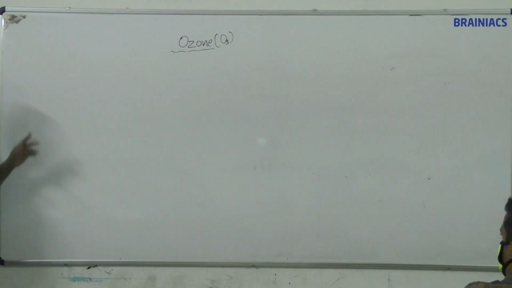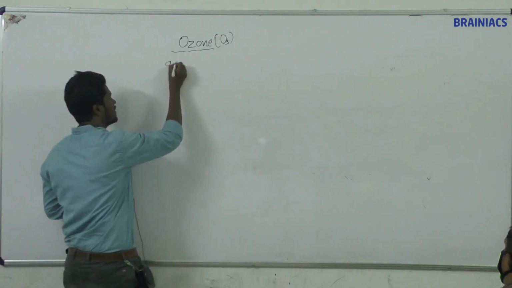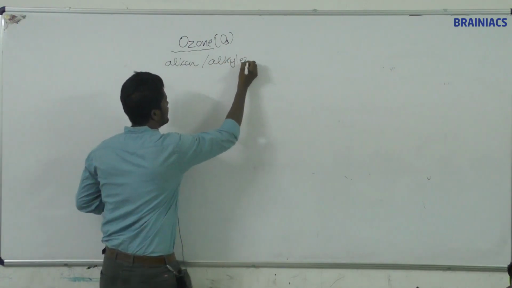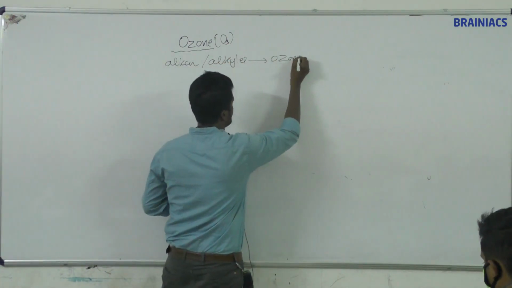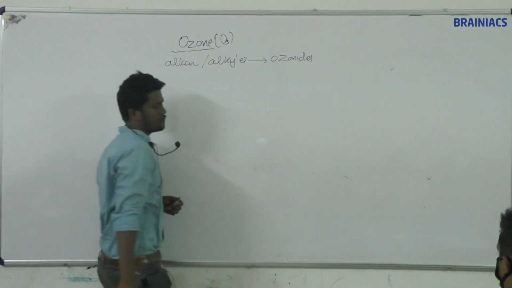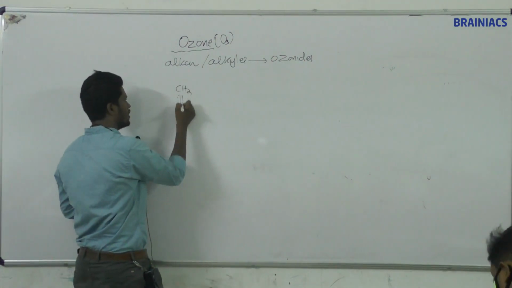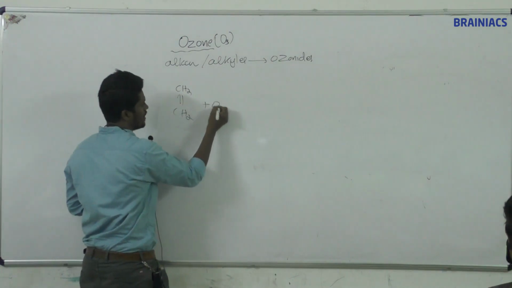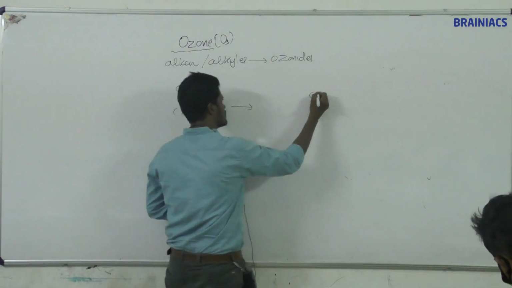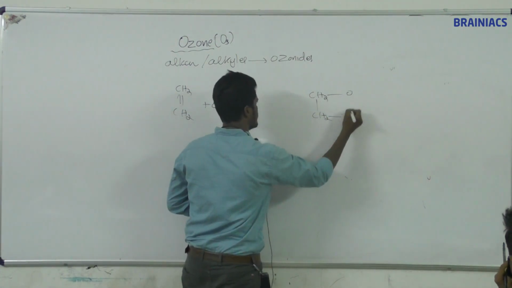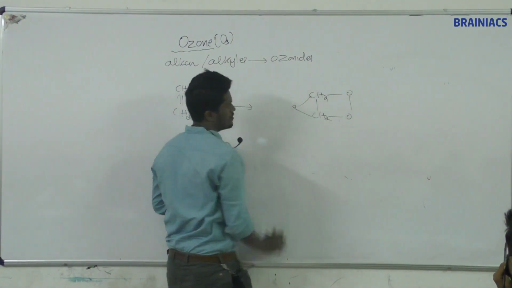And in the same way, ozone reacts with alkenes or alkynes. They give the corresponding ozonides. So what is reacting? CH2=CH2 reacts with ozone and gives the ring with oxygen and oxygen.